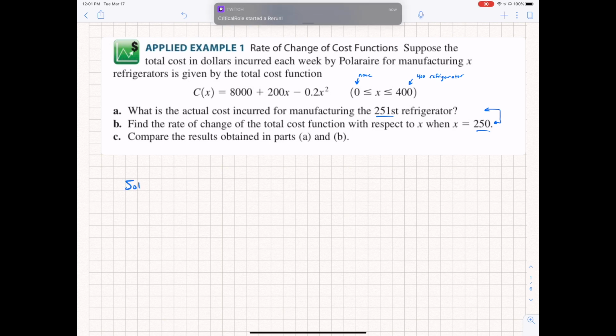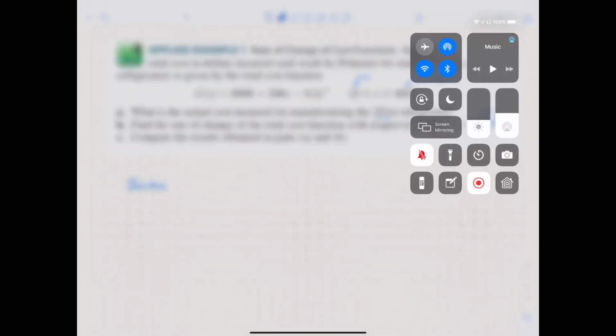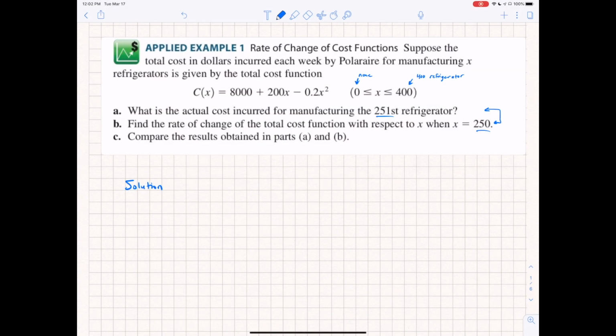Okay, so let's look at the solution for this. Let's go ahead and look at the solution then for part A and what it's asking me to do here. It says, what is the actual cost incurred for manufacturing the 251st?